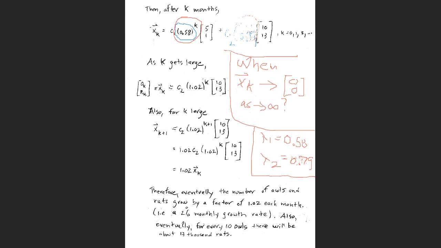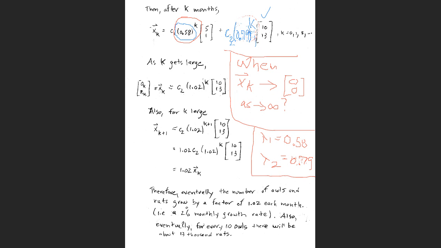Let's try it again. C2 times 0.79 to the kth power. Let's say that this were the second term.